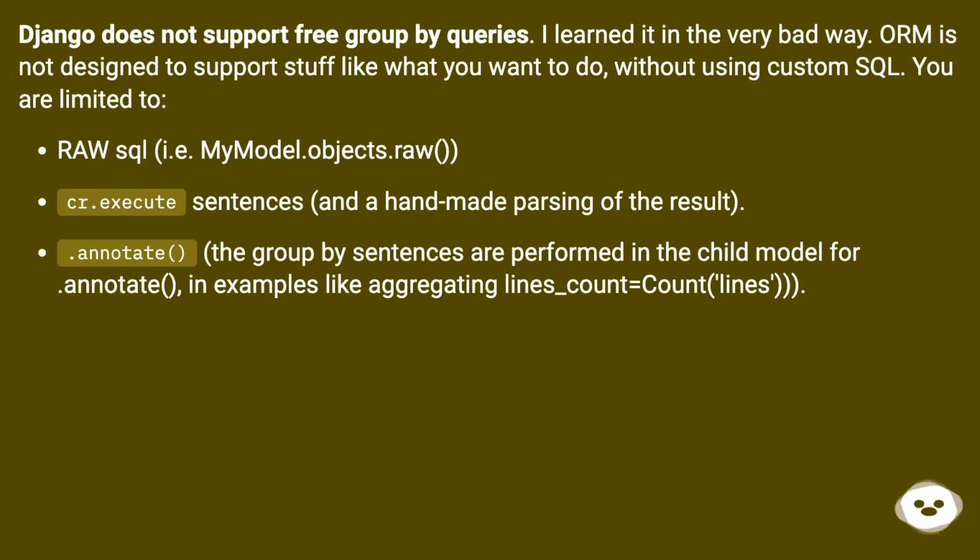.annotate. The group by sentences are performed in the child model for .annotate, in examples like aggregating lines_count equals Count lines.